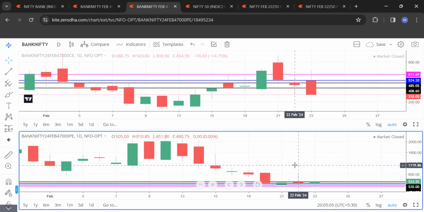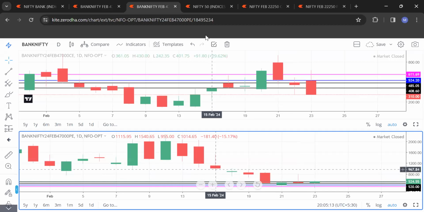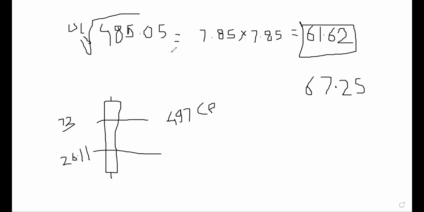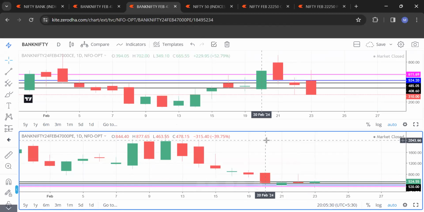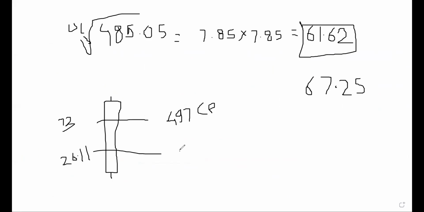Now I want 26.11%, which is 93.72. Now I will add it to 0 and then I will get 26.11. So let's do it: add it to yesterday's low, 451.9. And the answer is 545.62. So this one is 545.